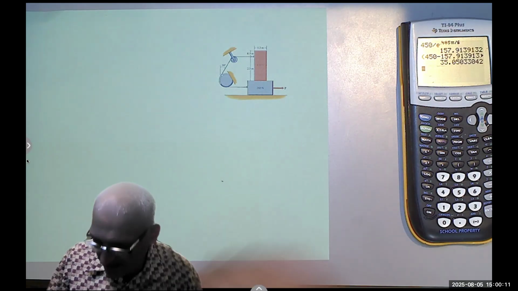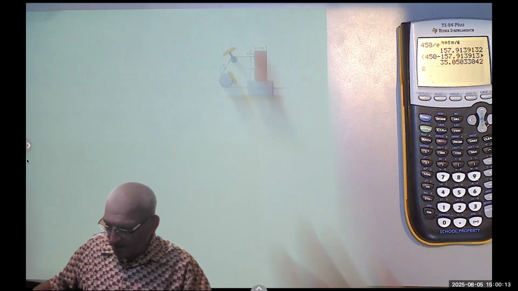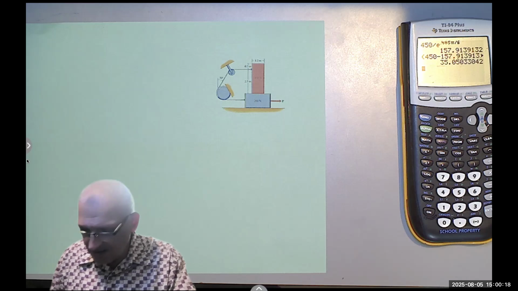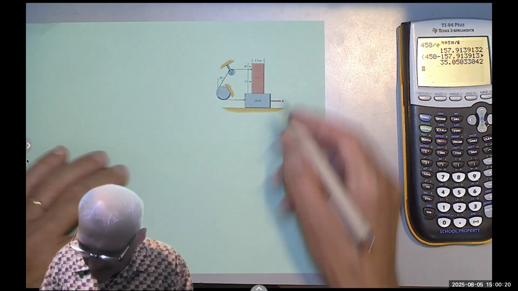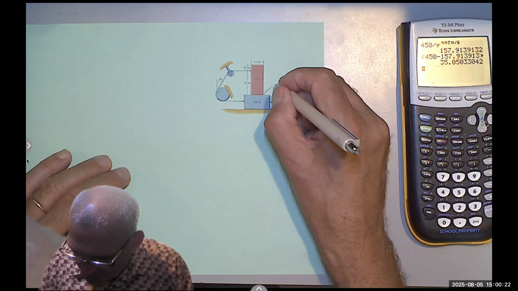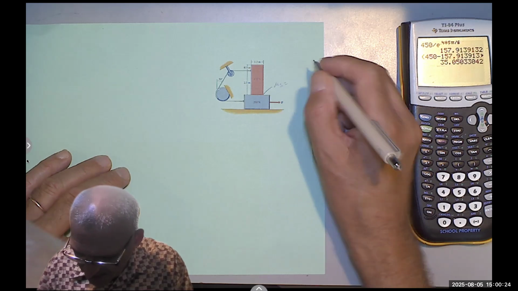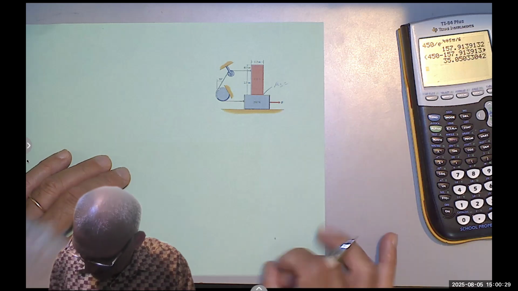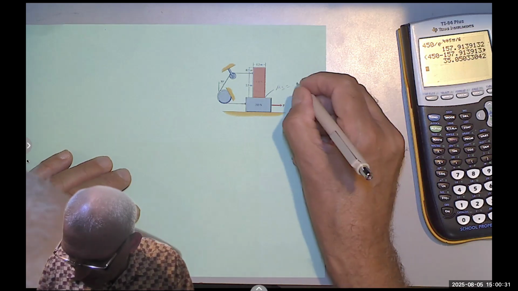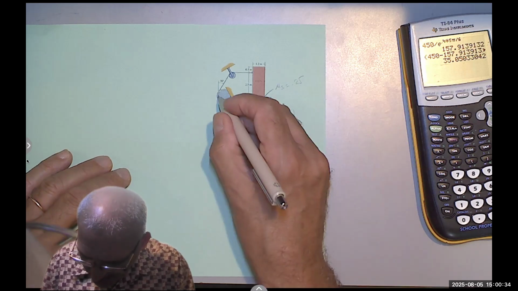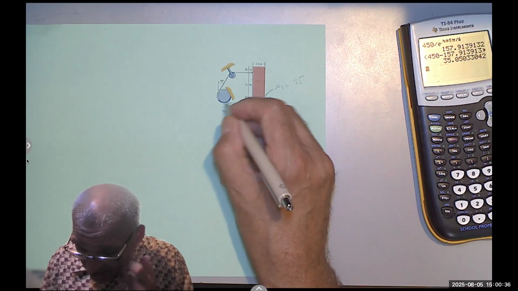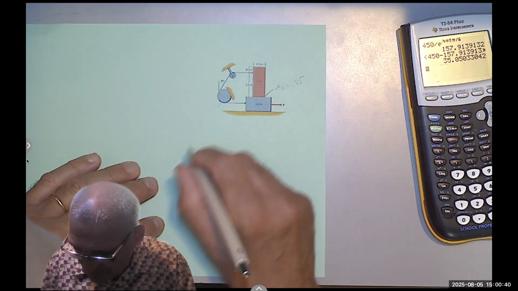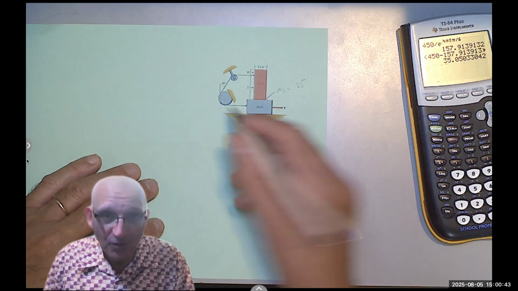Again, I can't remember the mu sub s, but let's say mu sub s between these two is 0.25, and between this part and the cable, so we're no longer going to assume it's smooth, right?